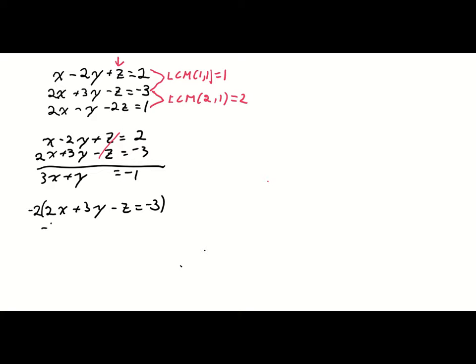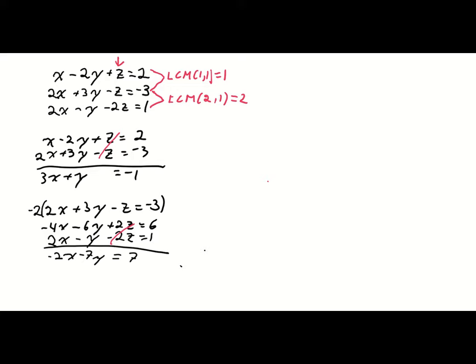And we get negative 4x minus 6y plus 2z equals 6. And copy the bottom equation down just as it is. We get negative 2x minus 7y, and the z's cancel out, equals 7.